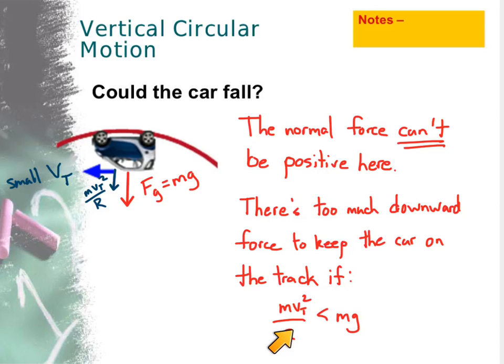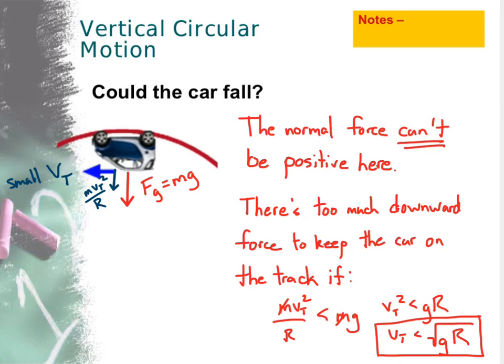If we solve for v sub t, first dividing both sides by m, which cancels the m's, we end up with v sub t squared less than g times r, or the velocity at the top is less than the square root of g times r. So if my velocity is small enough that this is true, there's too much gravitational force to keep the car on the track, and our car is going to fall.